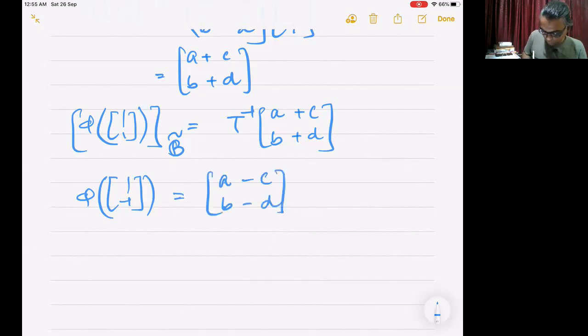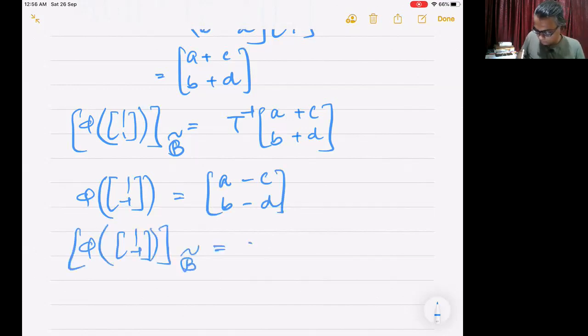Of course, phi acting on (1,-1) expressed in the new basis would be T inverse times (A minus C, B minus D).